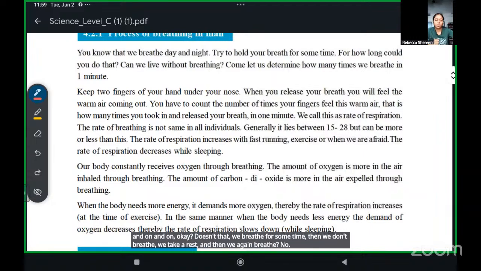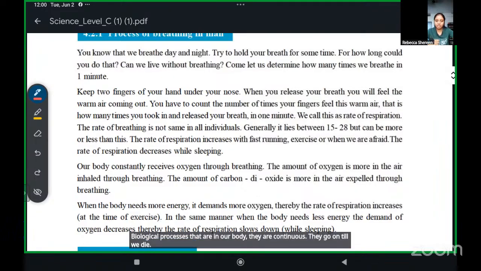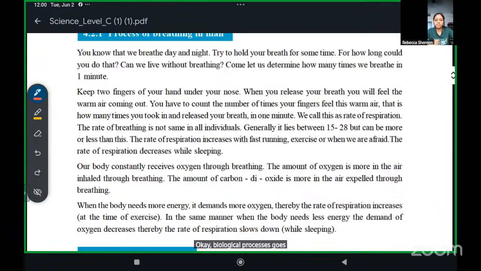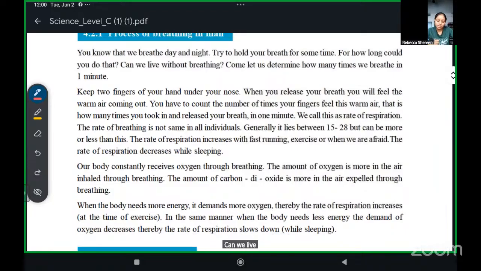No. Biological processes in our body are continuous. They go on till we die. The heartbeat, the breathing, all of this goes on as long as our life goes on. Now, can we live without breathing? No, we cannot live without breathing.